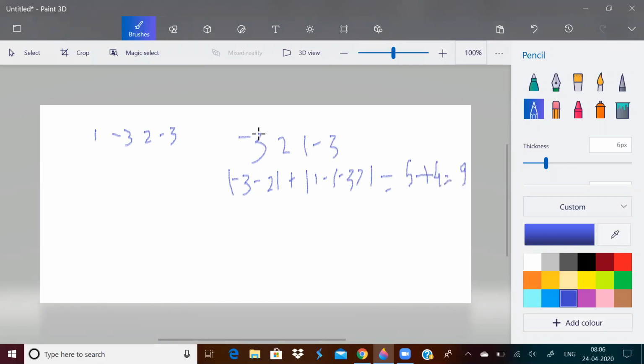But we can arrange these elements in this way also: minus 3, 2, minus 3, 1. I have just swapped these two elements. So effectively the answer will still be 9 only, because minus 3 minus 1 mod is also 4. Why did I write like this? I have an intention behind it.